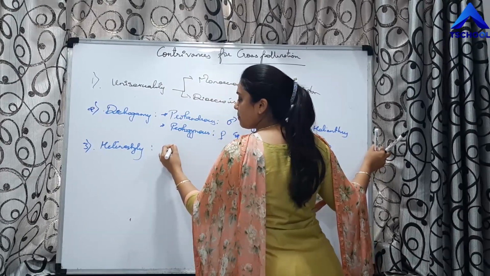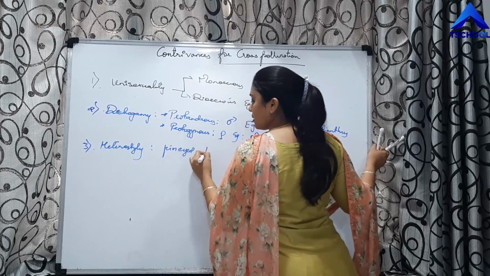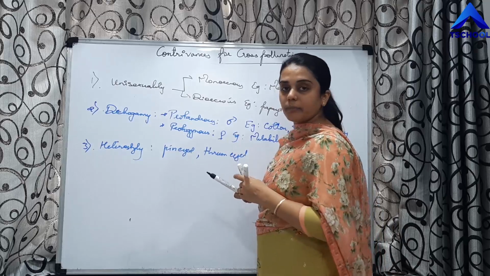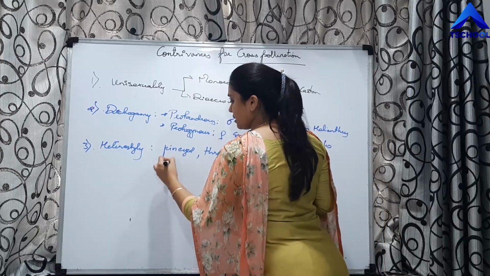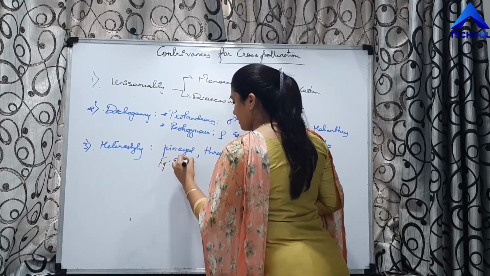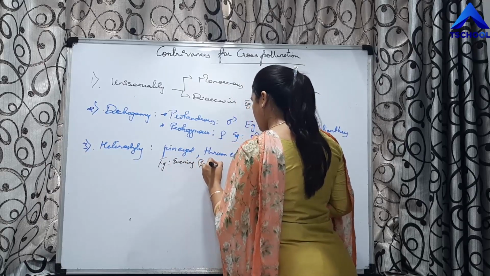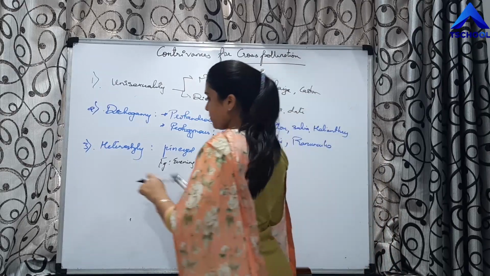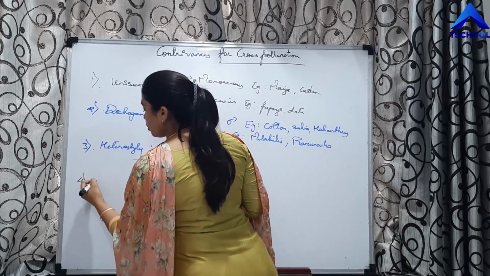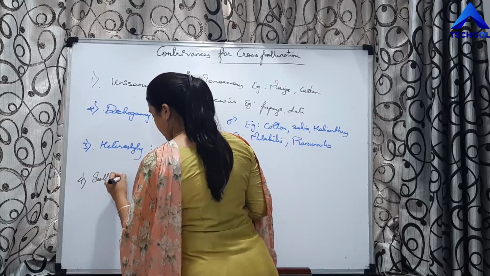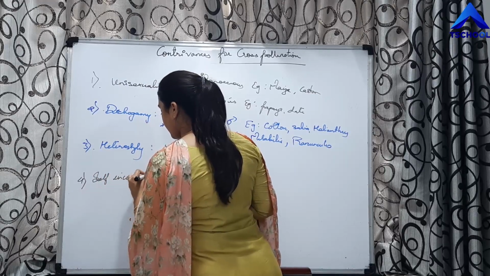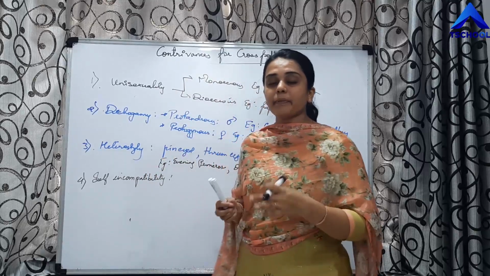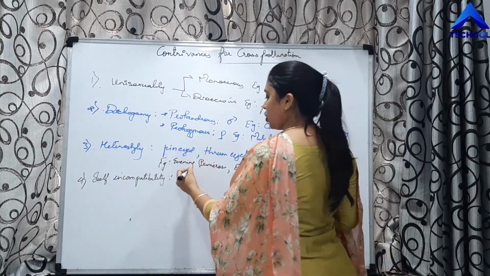Right? The flowers can be pin-eyed, thrum-eyed, right, or normal type. Example is evening primrose or oxalis. Then the fourth one is self-incompatibility, where the pollen grain of the same plant is not going to germinate at all.